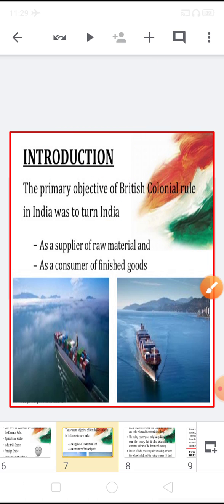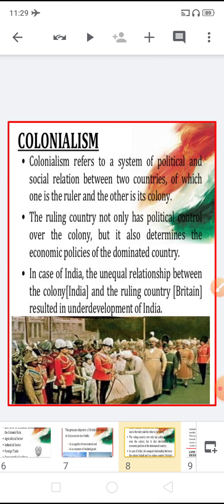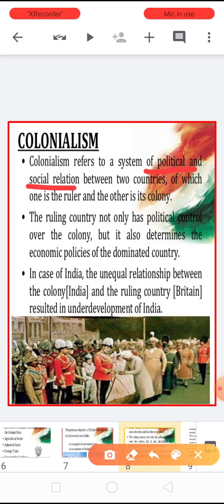So, children, let us start with our next topic, which is colonialism. What is the meaning of colonialism? Children, colonialism refers to a system of political as well as social relationship between two countries, of which one is the ruler and the other is the colony.